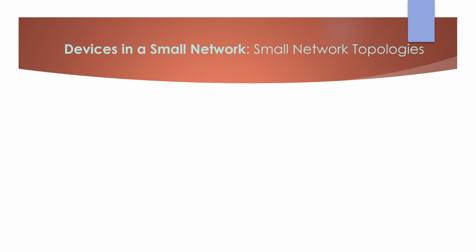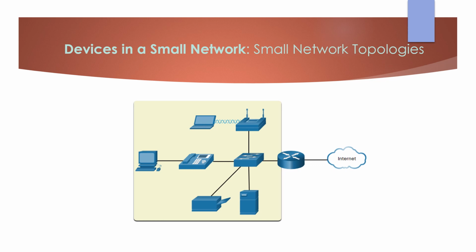Let's focus on the small business network that is shown here in the slide. This small network requires, as you can see, a router, a switch, and a wireless access point to connect wired and wireless users, an IP phone, a printer, and a server.